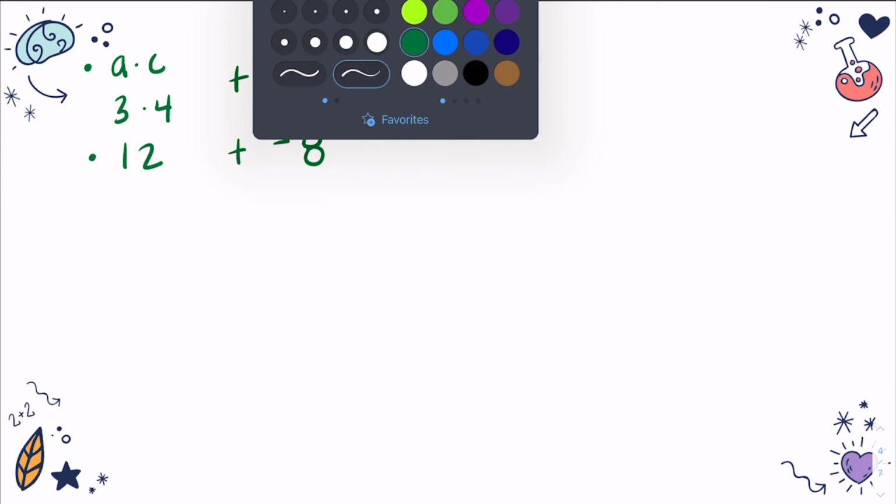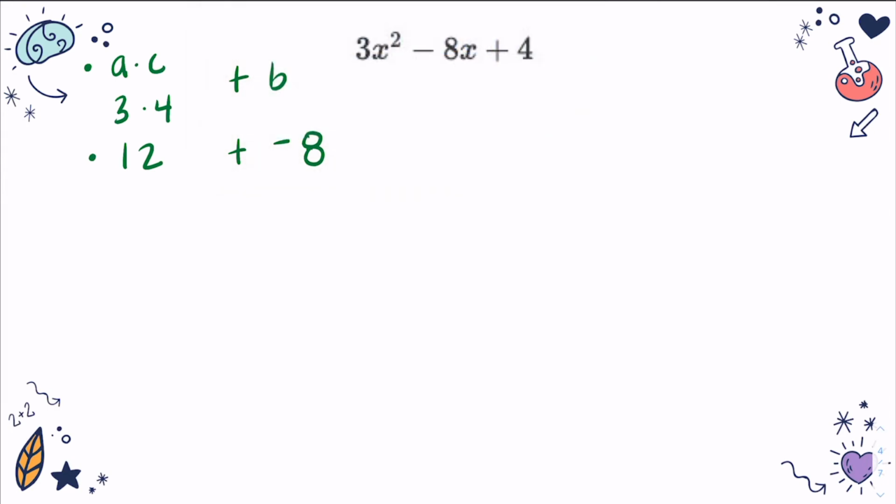Okay, so this one's going to be a little different. Whenever we go through our factor pairs here, if we look at the factor pair 1 times 12, when we add that together, that's a positive 13, right? We're never going to be adding 2 positive numbers to give us a negative. Maybe you're asking yourself, okay, well, we can make the larger number negative. That will give us a negative sum.